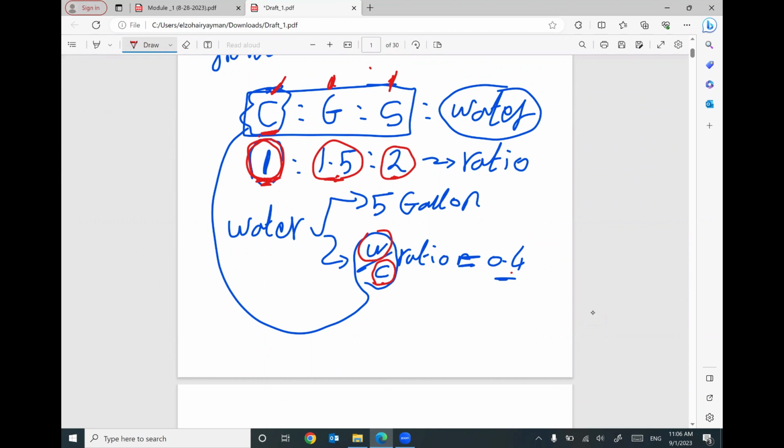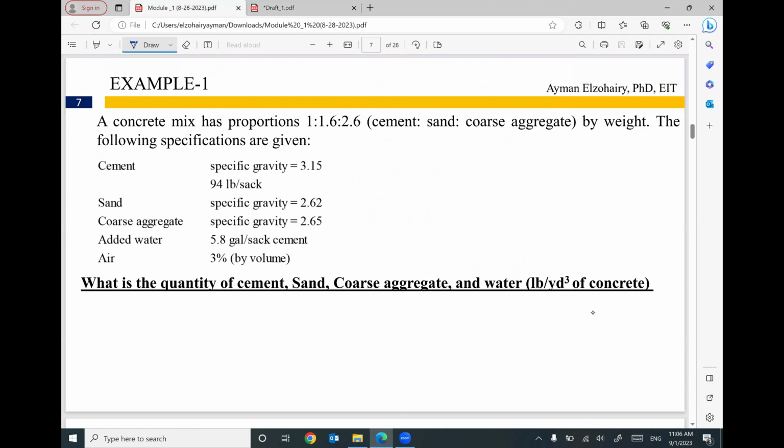As I told you, if you open any journal paper, any research, any textbook about concrete, they will define how to figure out the ratio between these components. So for our example, we have a concrete mix. And the ratio between cement and the sand and the coarse aggregate equals 1 to 1.6 to 2.6.